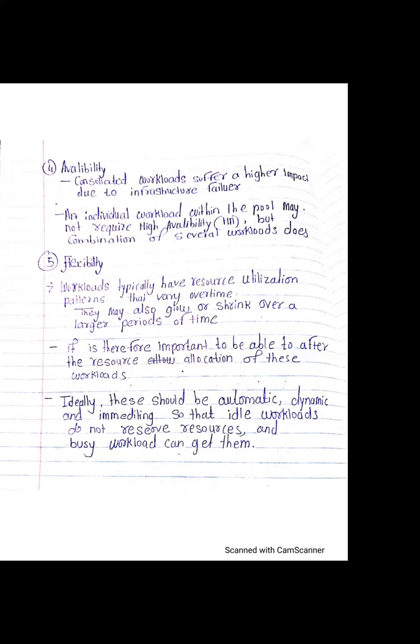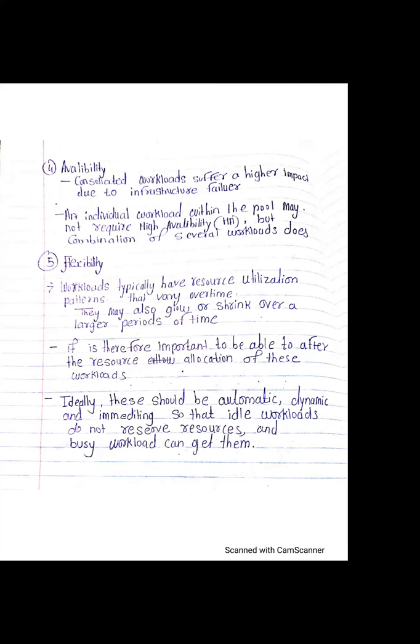How flexible is virtualization? Workloads may have resource utilization patterns that vary over time. They may also grow or shrink over a longer period of time. So just like in the cloud, here too the virtualization utilization pattern will vary. Based on your workload and your time, you can use your virtualization.